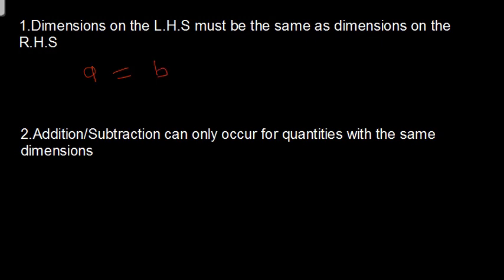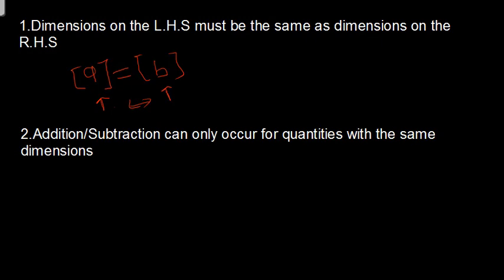So for this equation to be dimensionally correct, or to be homogeneous, we are saying the dimensions of A on the left hand side must be the same as the dimensions of B. So the dimensions that we get on the left hand side of this physical quantity and the dimensions that we get for this physical quantity on the right hand side must be equal, or the same, for that equation to be dimensionally correct. And that is what rule number 1 simply means.